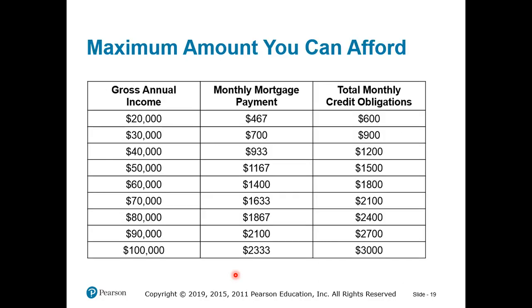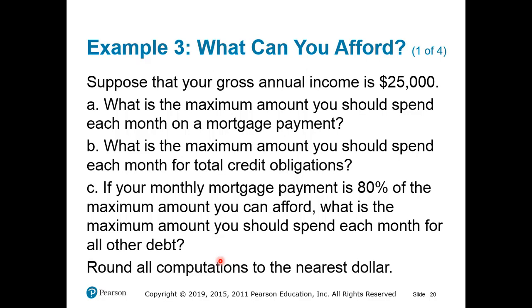Here's a table that shows you some of the ideas. Here's based on the 28% for your mortgage, and here's based on 36% of your total debt or credit obligations. Suppose your gross annual income is $25,000. What is the maximum amount you should spend each month on a mortgage payment?